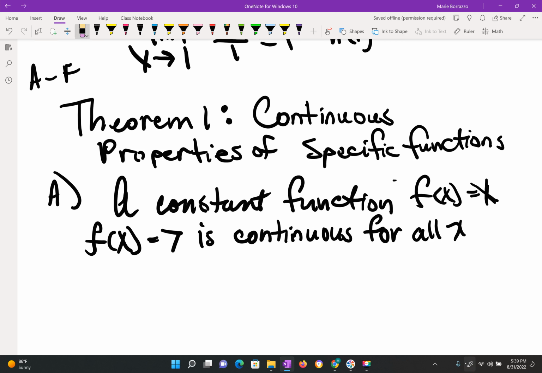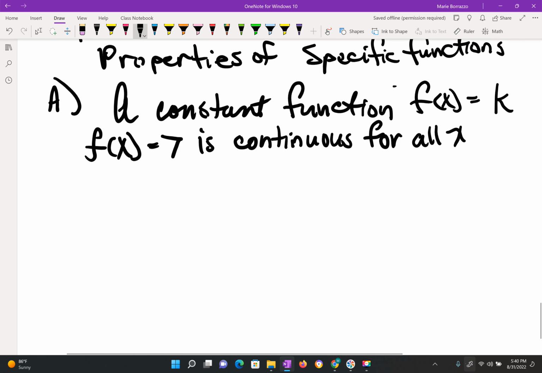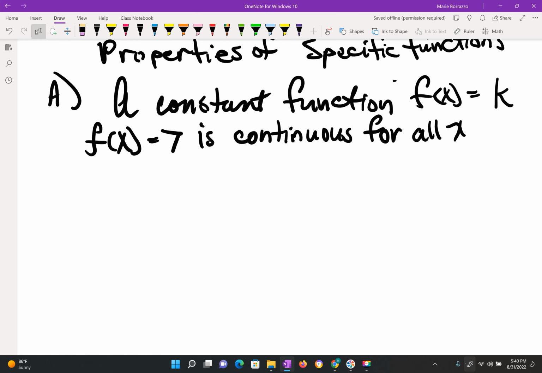This is not an x, this is a k. Would help if I write that correctly. So basically, f of x is y. If I tell you that y equals 7, isn't that a horizontal line all the way across? Yeah. And that's why we say it's continuous, because there's no interruption. Do you want to see the picture? It helps to see a picture, so I'll do a picture.